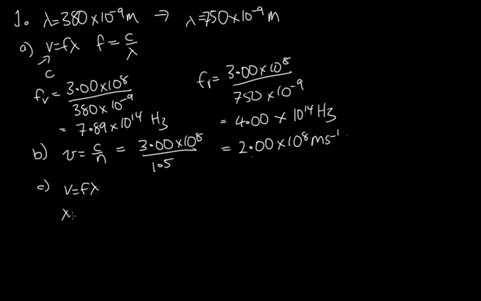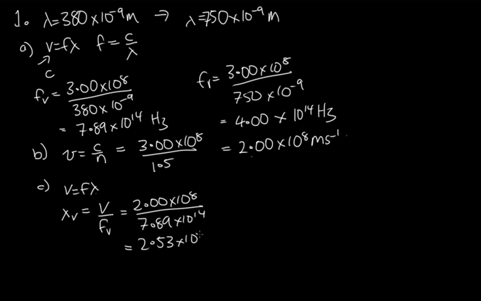So we know that lambda for violet light is equal to the velocity over the frequency for violet light, which is equal to 2 times 10 to the 8 over the frequency, which is 7.89 times 10 to the 14. So solving this one on the calculator, we get 2.53 times 10 to the minus 7. So let's give this in nanometers.